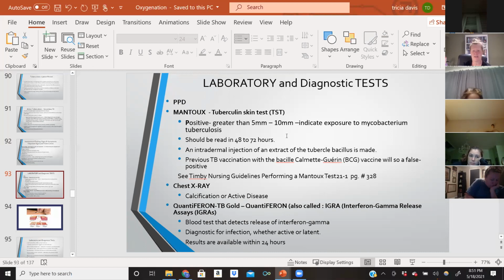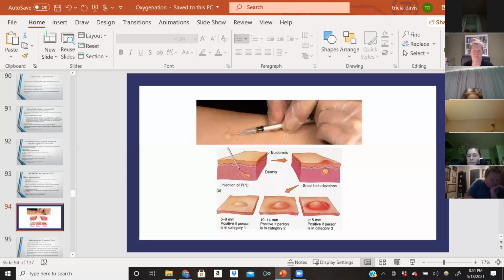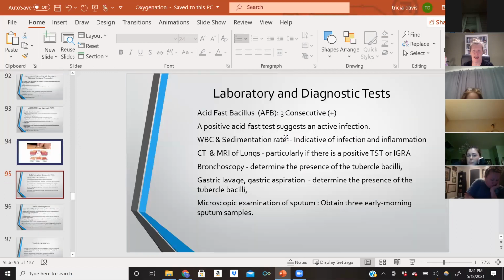It's diagnostic for an infection, whether it's latent or active. And usually it takes about 24 hours to get the results. Already seen that. We can also do an acid-fast bacillus test, an AFB. We would need to have 3 consecutive positive tests in order to say that the patient has tuberculosis.